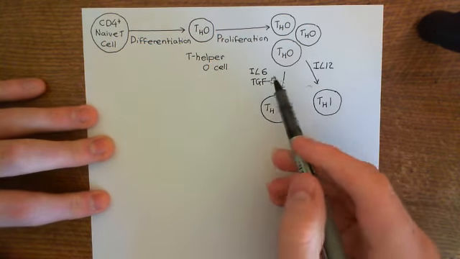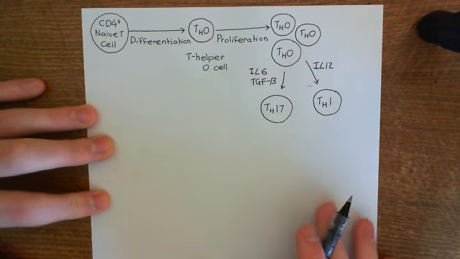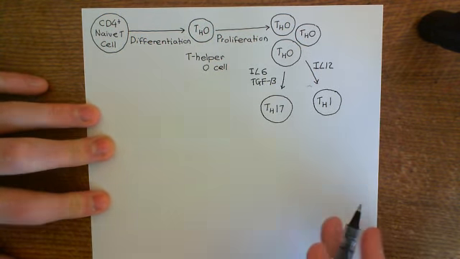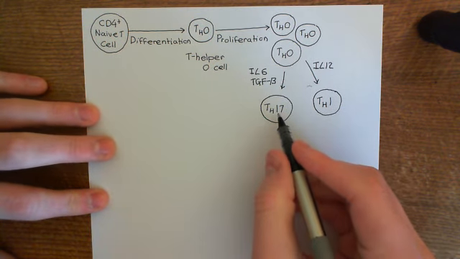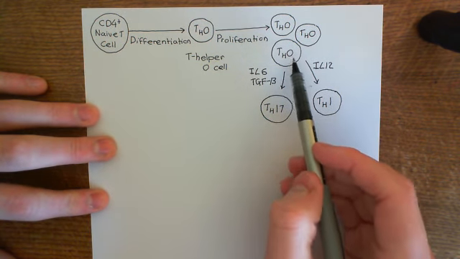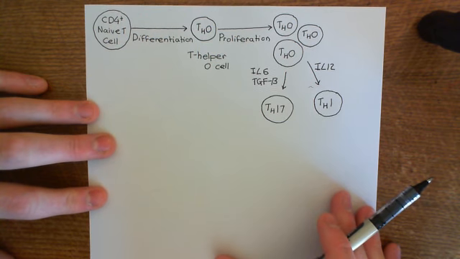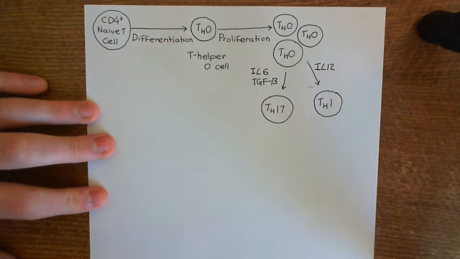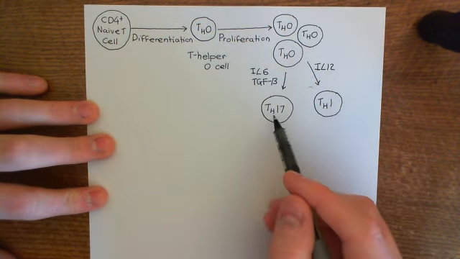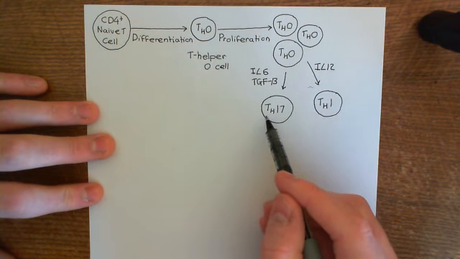So these two cytokines are going to cause the differentiation of T helper 0 cells into T helper 17 cells. And as I say, most of these T helper 0 cells in the adaptive immune response to rheumatoid arthritis are going to differentiate into T helper 17 cells.